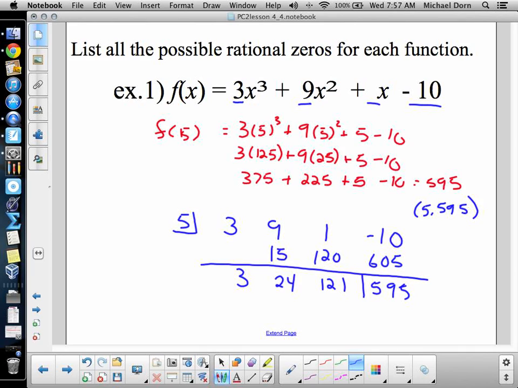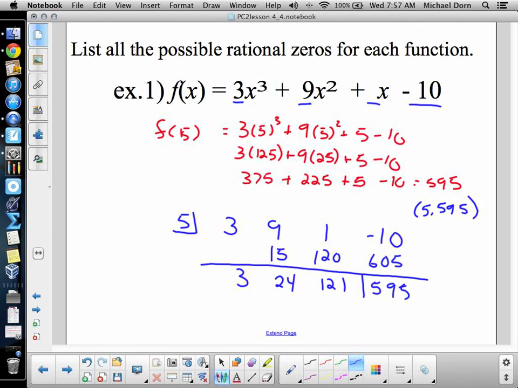So what we can do is very quickly, with this process, test numbers to see if something's a root of the function. And if it's not a root of the function, at the very least, we get information about a point. That's 595. So it's just a quick process of doing it.